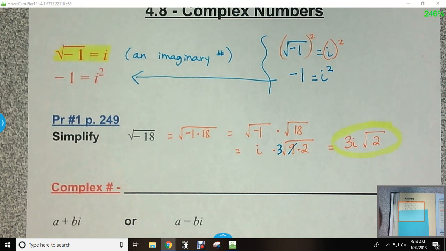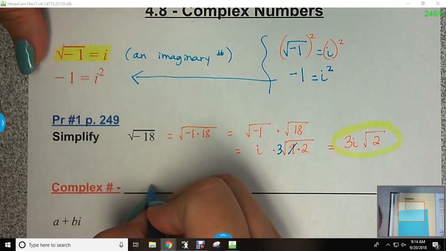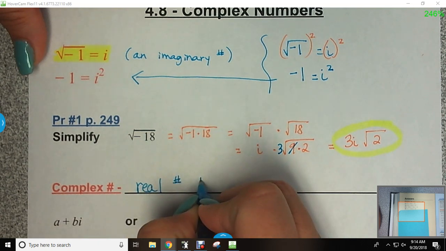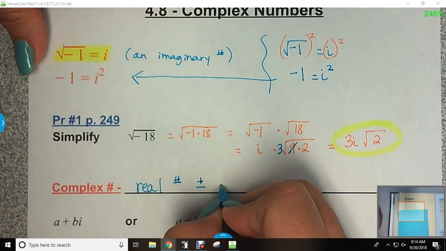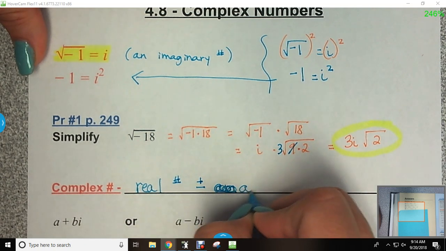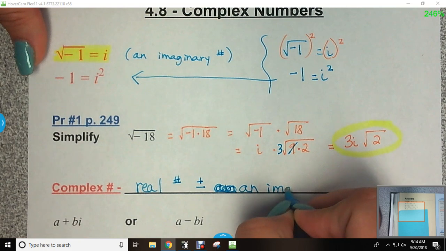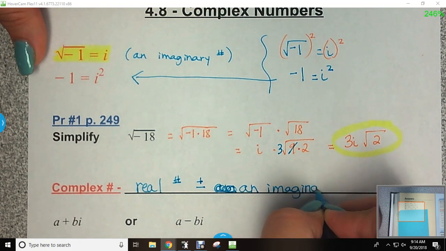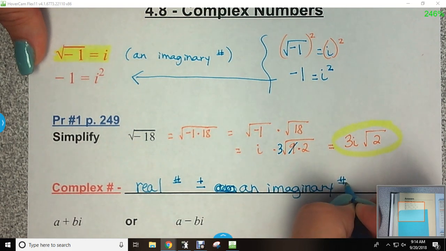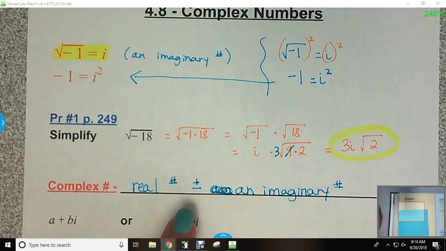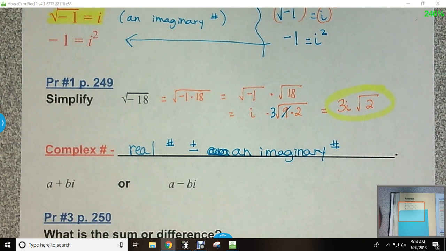Now, for a complex number, here's your definition. A complex number is a real number plus or minus an imaginary number. Okay, and when I write the plus or minus, here's what it means, and this is the way your book gives it to you.